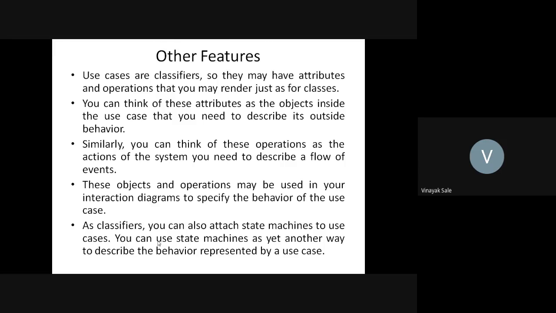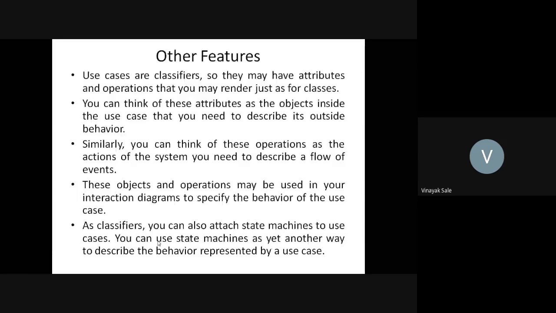So what are the other features of use cases? Use cases are classifiers, so they may have attributes and operations that you may render just as for classes. You can think of these attributes as objects inside the use case that you need to describe its outside behavior.